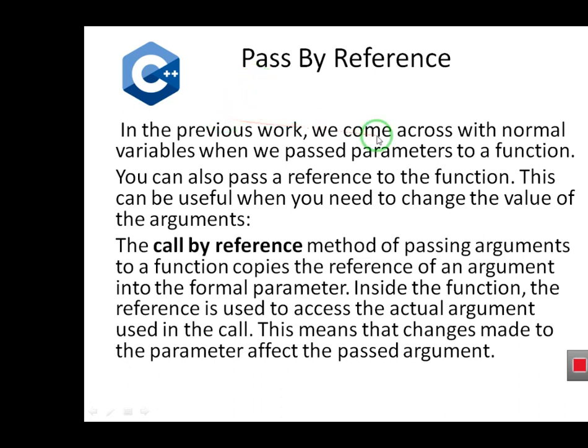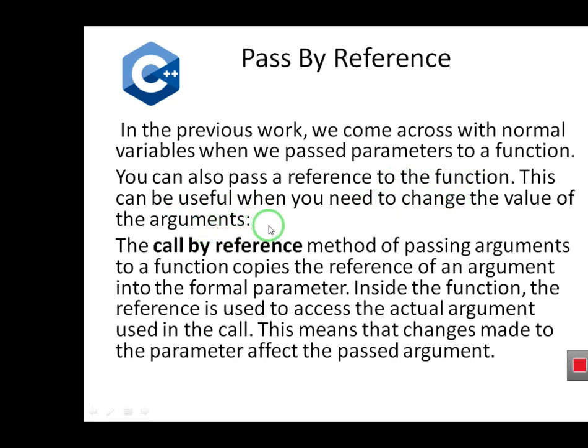In the previous work we came across normal variables when we passed parameters to a function. Like we give a string data type and an integer data type, and it takes that data directly. But here we give a reference. So you can also pass a reference to the function.